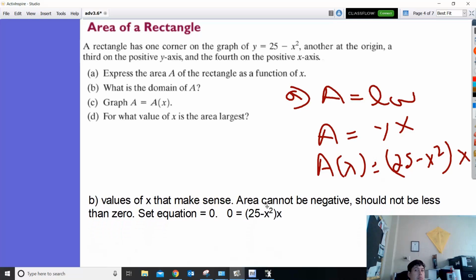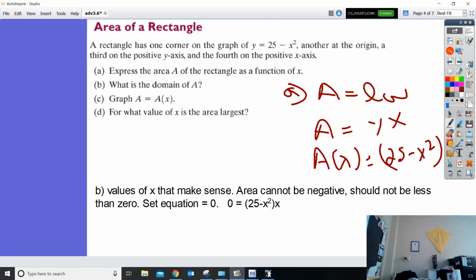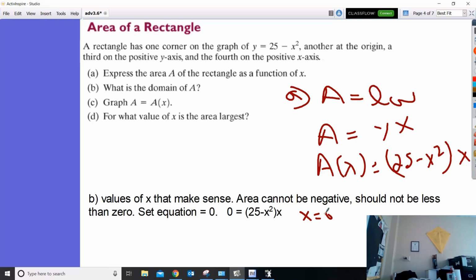Actually, there's 3, but only 2 of them make sense. You really need me to go up there and slap the board. What do you do with each factor? What's it say x is? 0. What's the middle thing going to tell you? If 25 minus x squared is 0. Plus or minus 5.